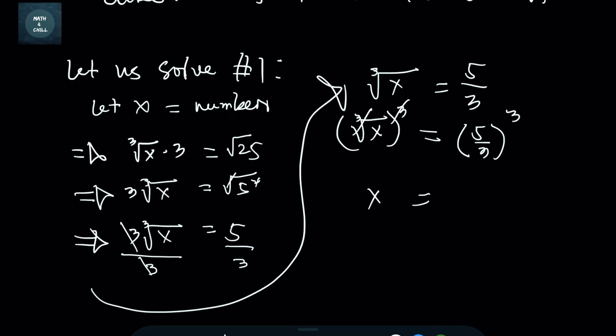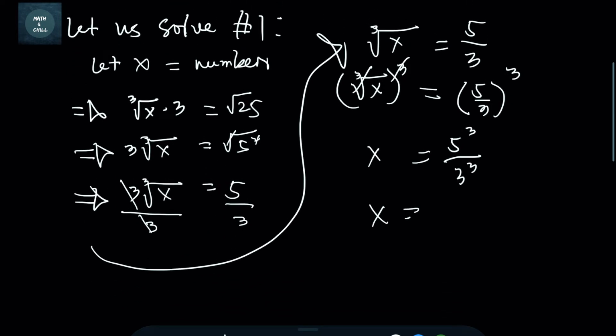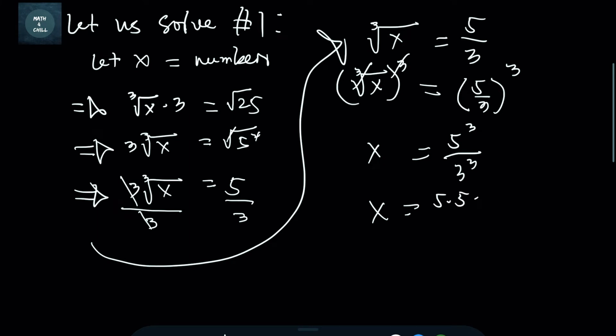So let us simplify. 5 over 3 raised to 3 is equal to 5 raised to 3 over 3 raised to 3. Therefore, x is 5 times 5 times 5 over 3 times 3 times 3.